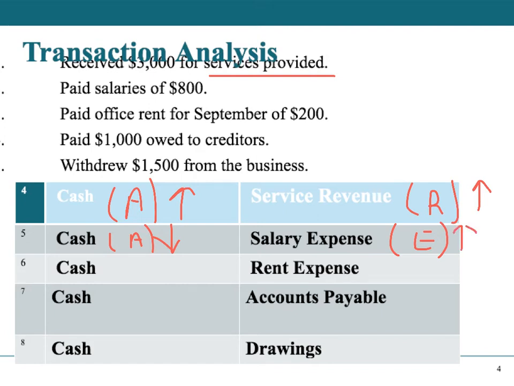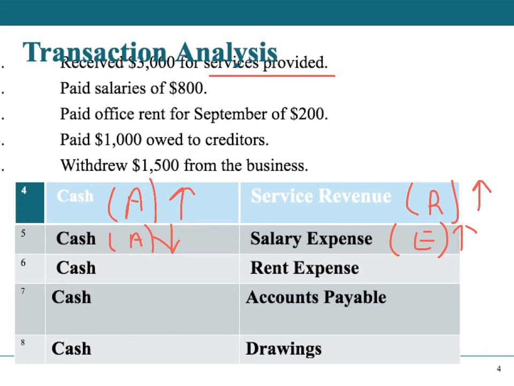Sometimes students get confused and they say, wait a minute, but I paid that expense off. Yeah, you did pay it, but since you consumed somebody's services, in this case, your employee's services, that's your expense. So expenses just went up. And yes, you paid them, you're not liable anymore, that's good news, but expenses are still up.